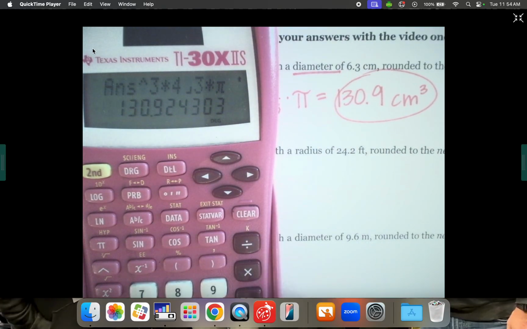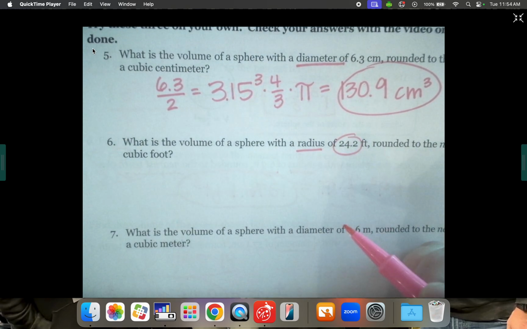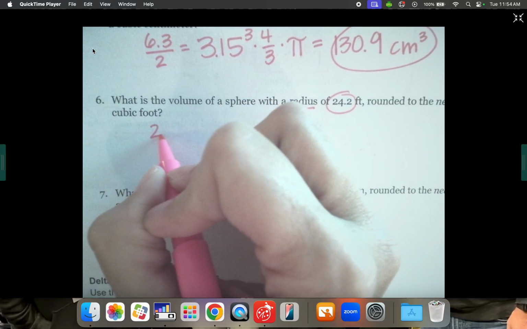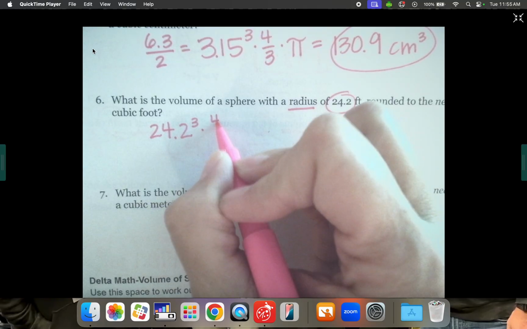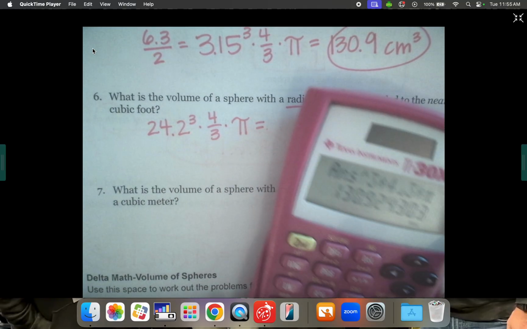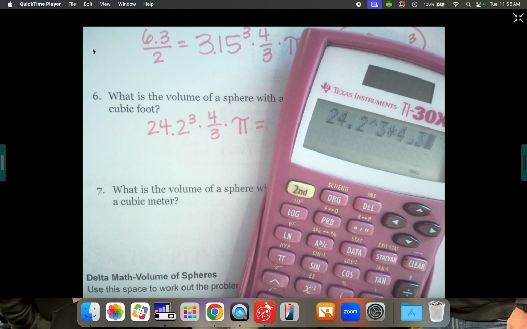Okay, the second one does give you just a radius, so thankfully you don't have to do the division first. You can just go straight with 24.2 cubed times 4/3 times pi. And you're just going to type that directly into your calculator. 24.2 to the power of 3 times 4/3 times pi.